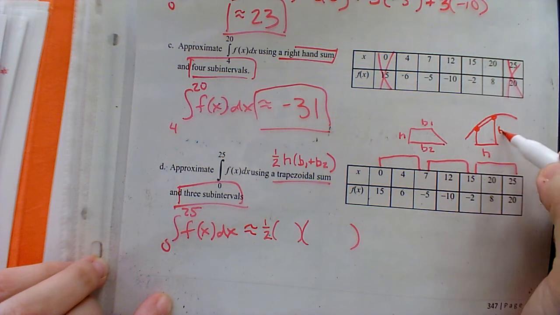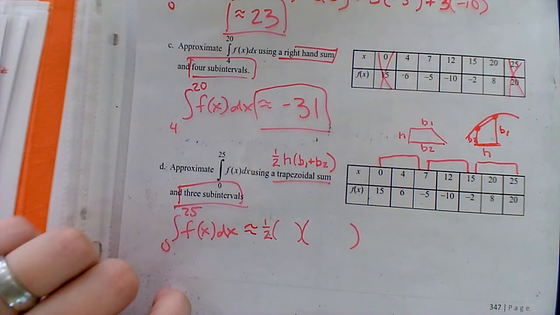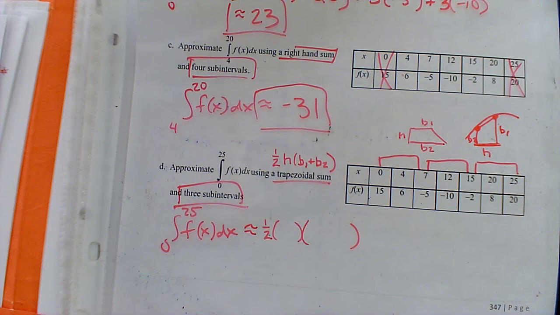We label it as h, but the h is actually on the x-axis because you rotated it. So you can't really think about the h as a height, meaning vertically, because now it's going to be horizontal. So the h is the distance on the x-axis.